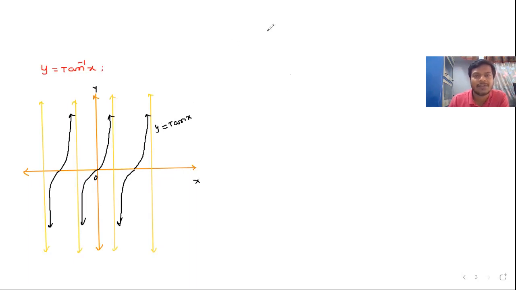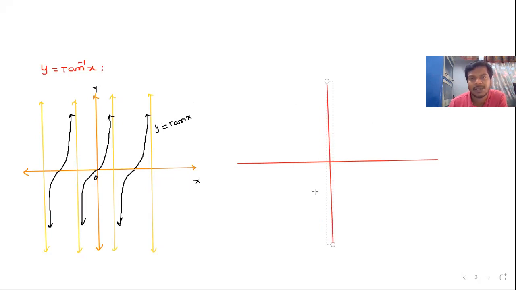To draw the graph of its inverse, we have to select only the bijective part from y equal to tan x. Neglect all these parts which are right side and left side of this middle one.